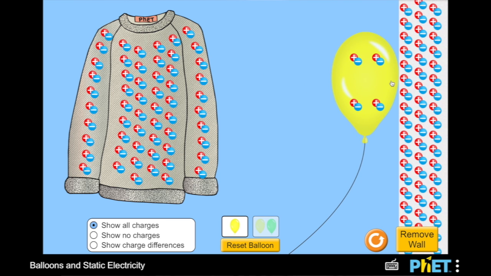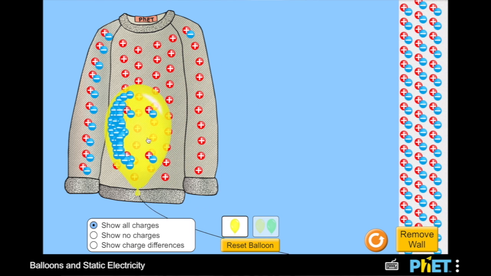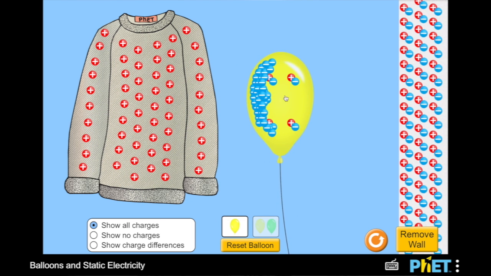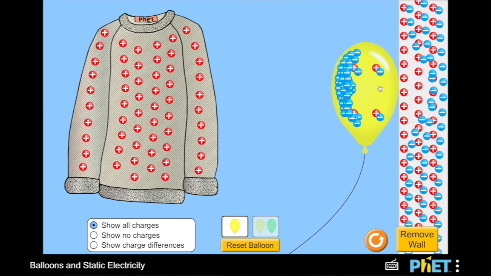You could also try an experiment where you take a balloon and blow it up and then rub it on your hair, and what will happen is you'll begin to strip electrons off of the hair on your head and transfer that to the surface of the balloon so that the balloon now becomes negatively charged.